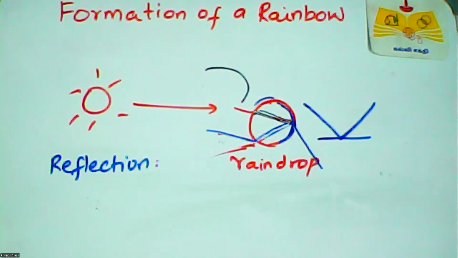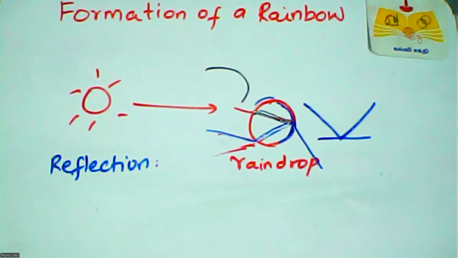So this is a refraction. Now we are familiar with the concept of rainbow formation: refraction, reflection, again refraction, with the water droplet.